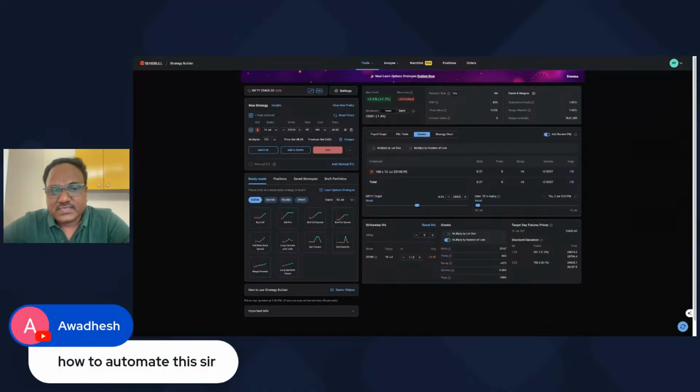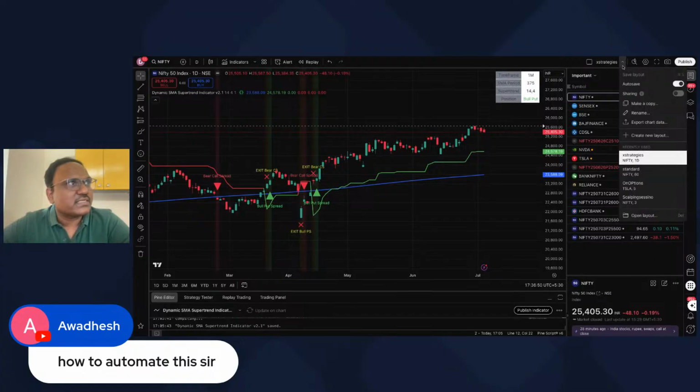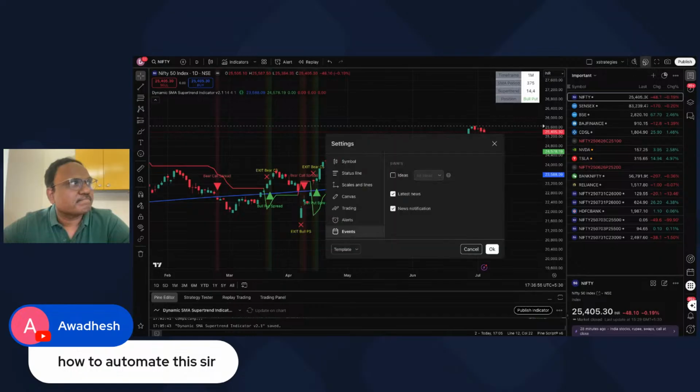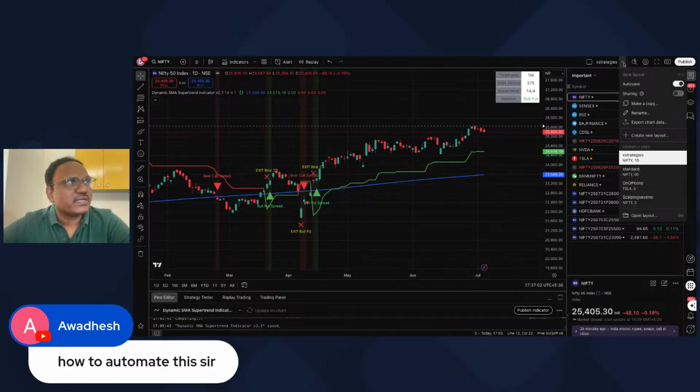How to automate this? You can automate actually. There are a lot of brokers, right? I can't see it here, but you can integrate with the webhook. I think there is an option of notifications. I did not do it personally. Where are the notifications?